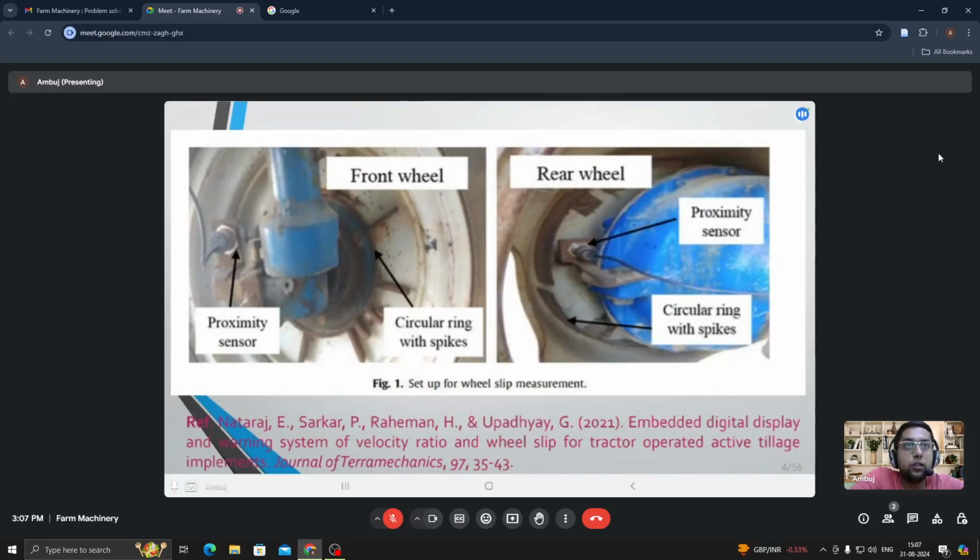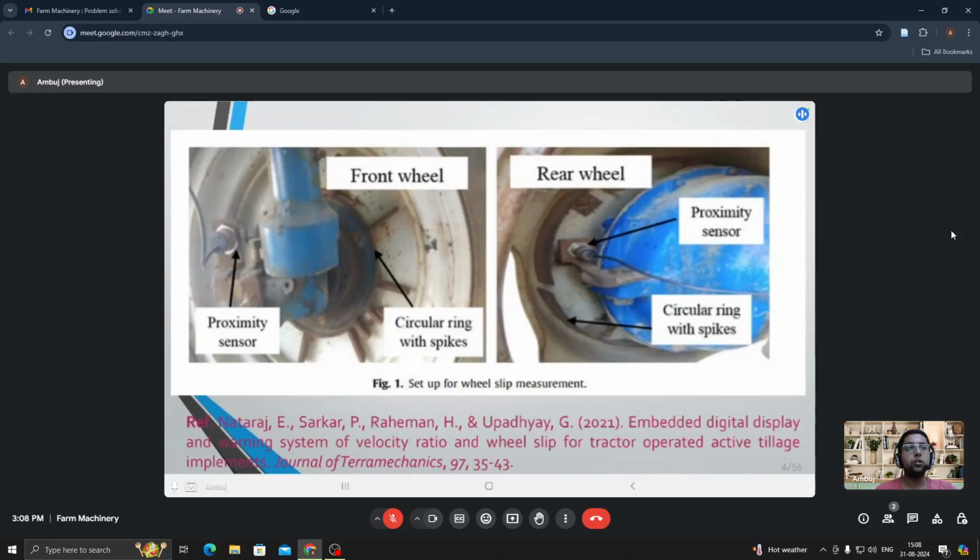Here you can see there is a circular ring with spikes. This spiked wheel interferes with, or cuts, the infrared ray flow. That interference is counted in a given period of time, like in 60 seconds, how many times the interference is happening. That count gives us the actual rpm.